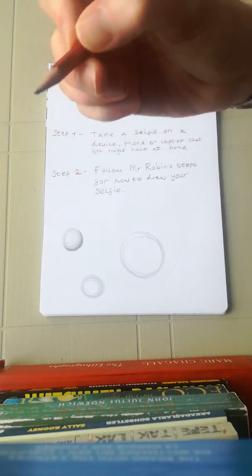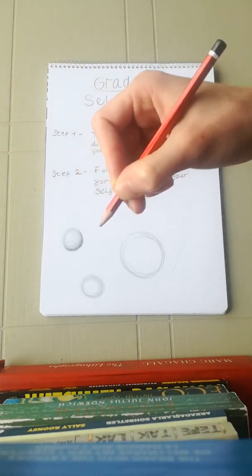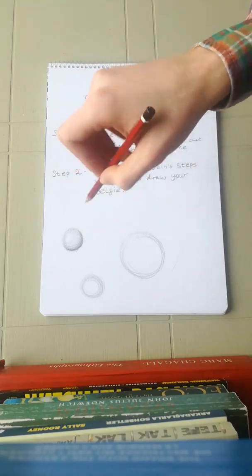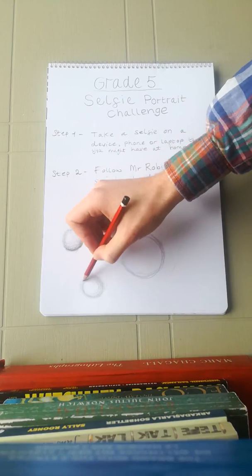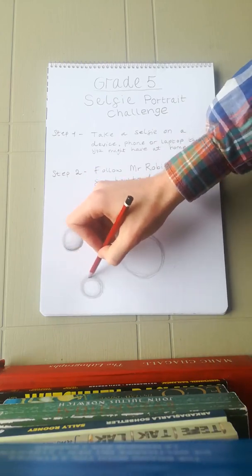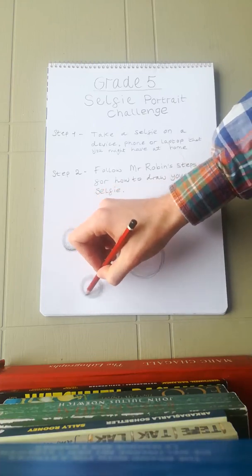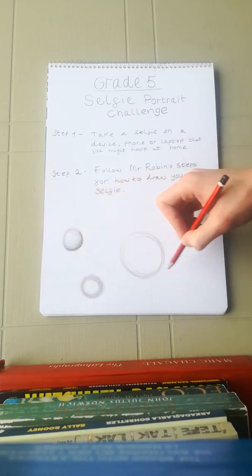The closer you have your fingers to the end of the pencil, that's where you can have the most control, and you can move it like this. Just use that rhythm and try and create lots of little circles.